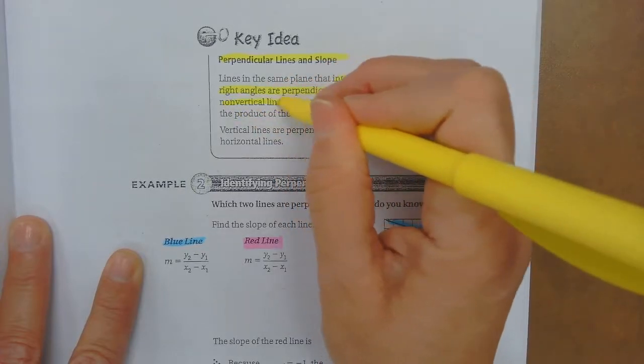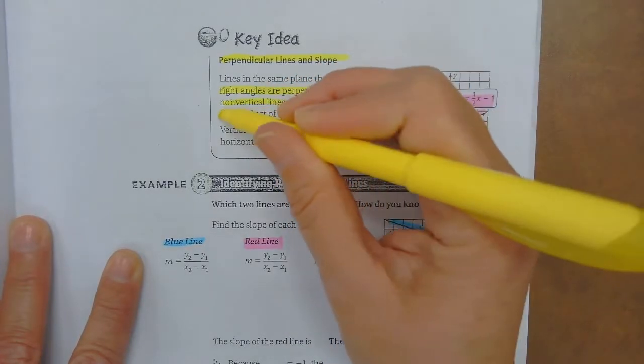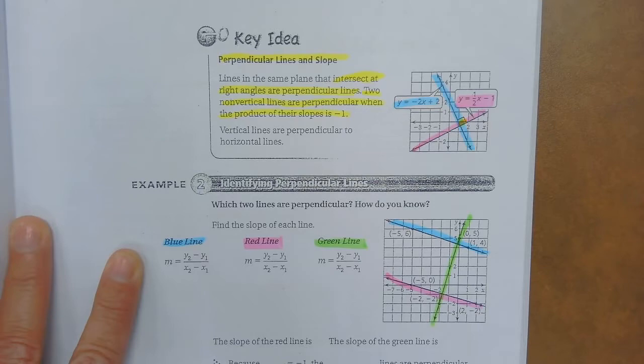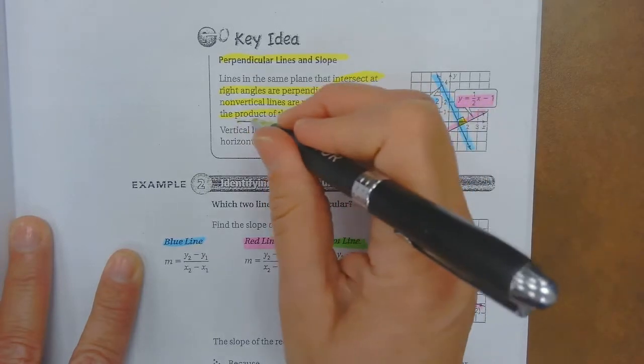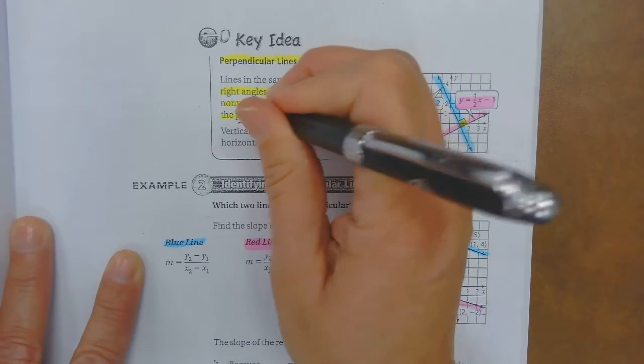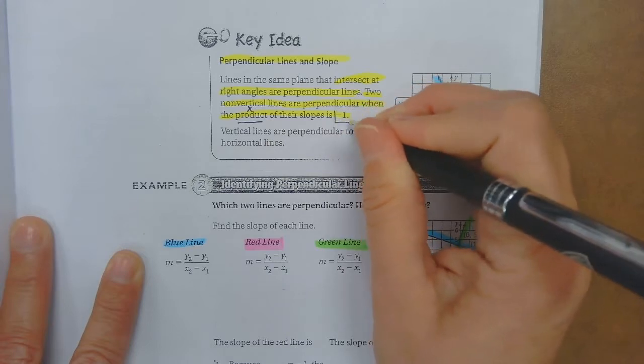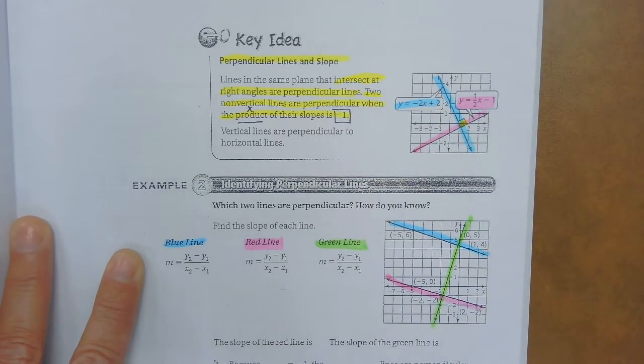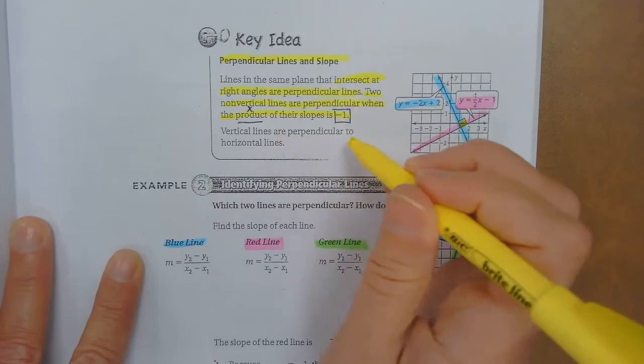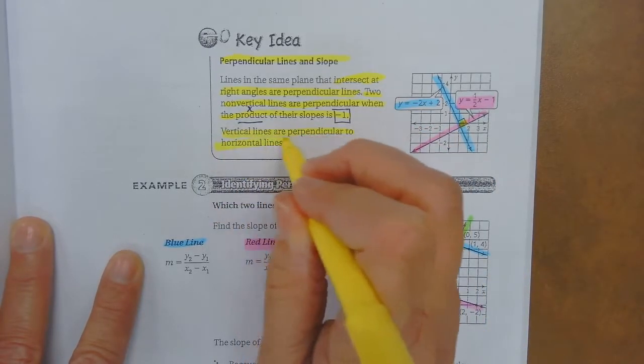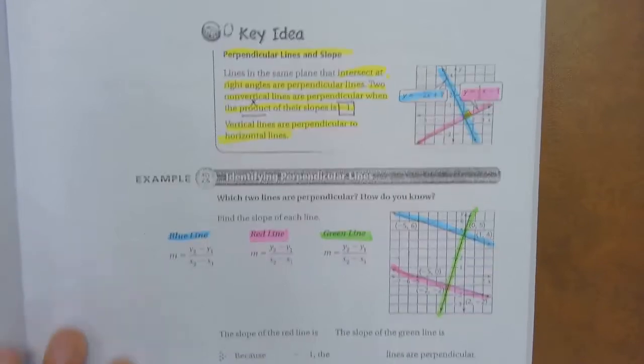Two non-vertical lines are perpendicular when their product is equal to -1. That's really important. Product means to multiply, and it has to have a product of -1. Very important. Vertical lines are perpendicular to horizontal lines.